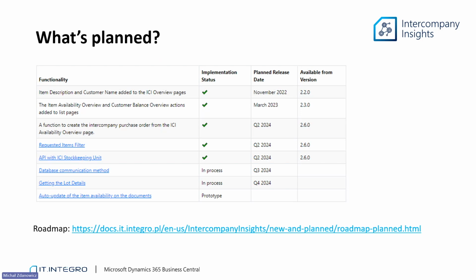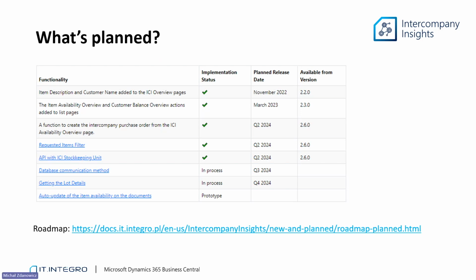We want to deliver similar functionality on the item availability overview page. Some of you asked for this, so such a feature will be implemented. It is currently in process. We have the initial design, and the development will start hopefully soon.